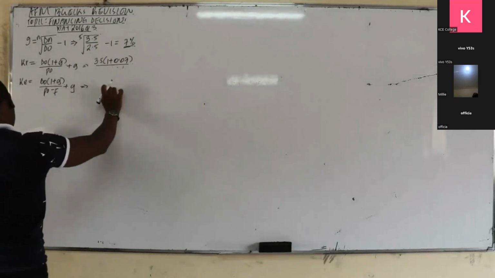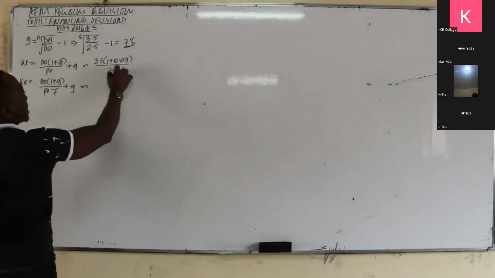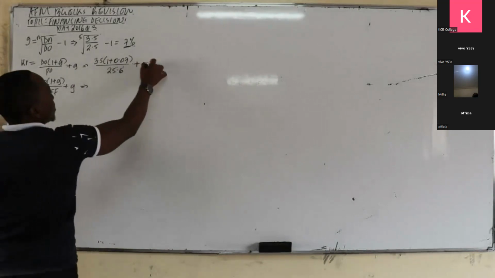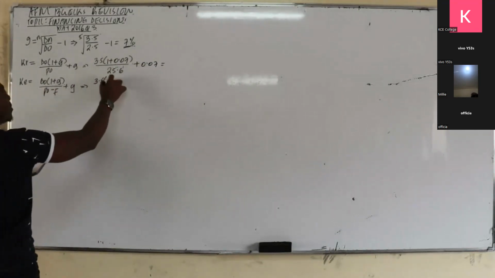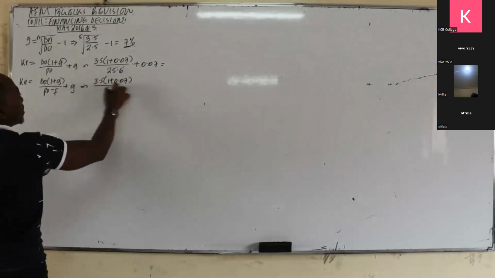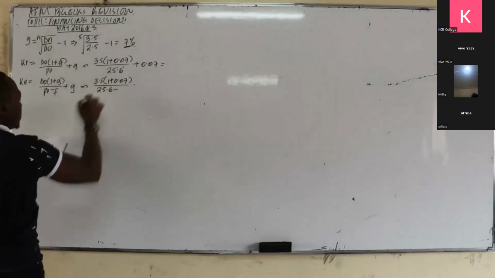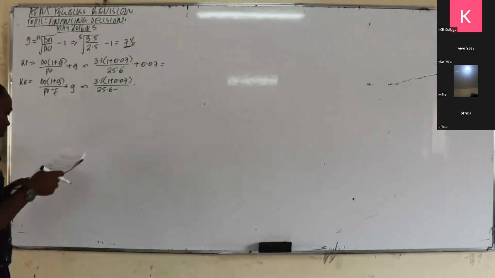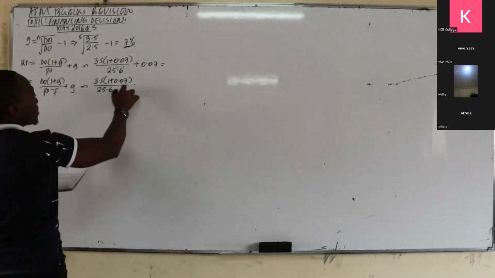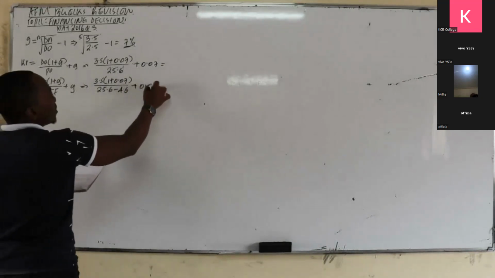P0, in note number 2, I told you is 25.6. Then you add the growth rate, 0.07. Here you take 3.5 times 1 plus 0.07, over 25.6. Note number 3, I told you that the issue of new ordinary shares would attract a flotation cost of 4.6. Then you add 0.07.